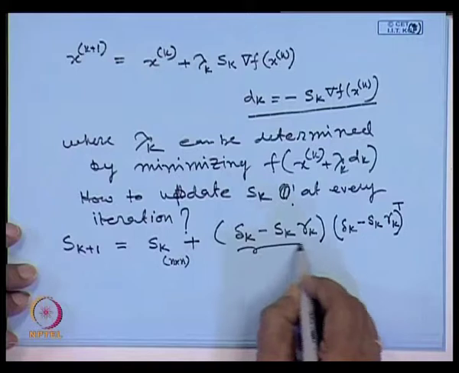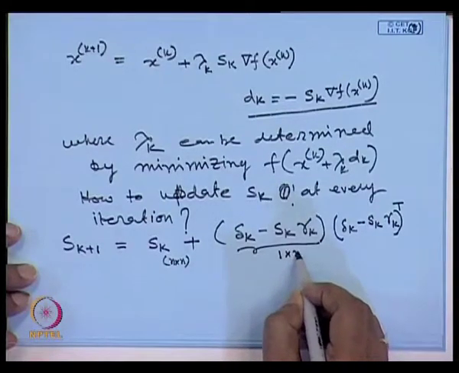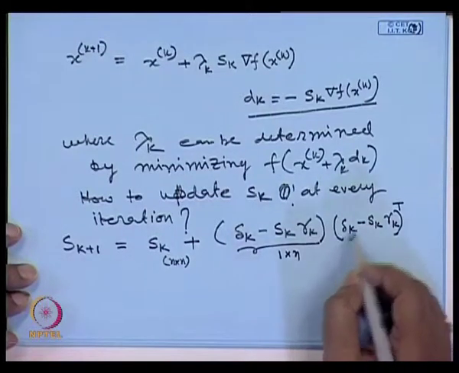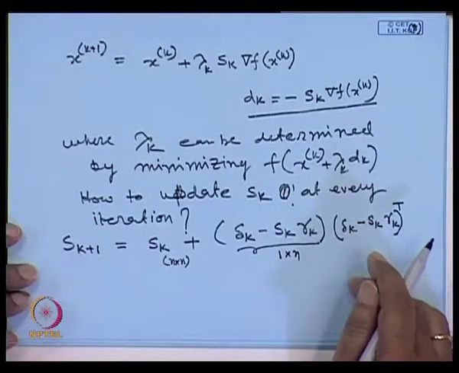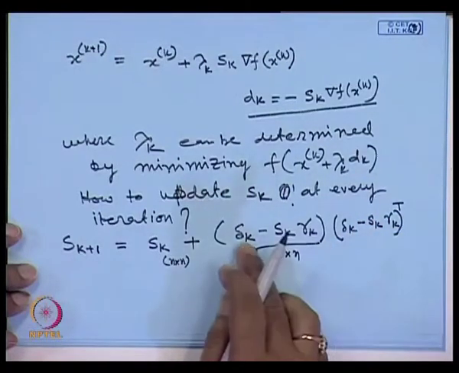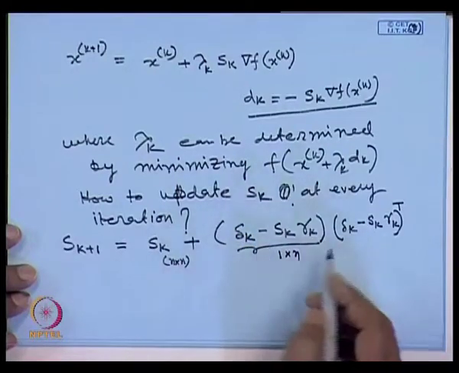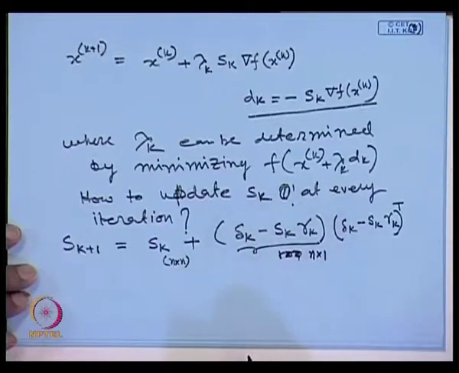This is gamma k transpose, a row vector with dimension 1 row, n column, and that dimension is n row, 1 column.